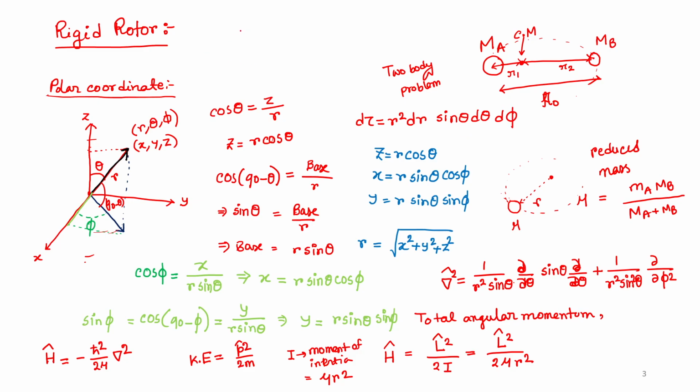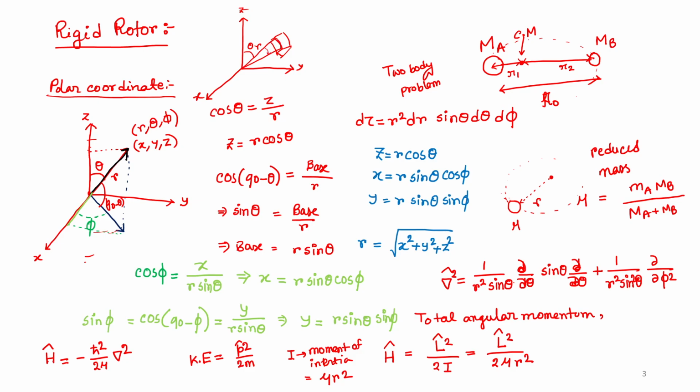Drawing it could be difficult. I guess Sir has already shown it in his lectures. X, Y, Z. Suppose this is the change that is going to take place. This is the volume element, and this is my distance r, which was making a theta angle, and now it has made an angle d theta with this.